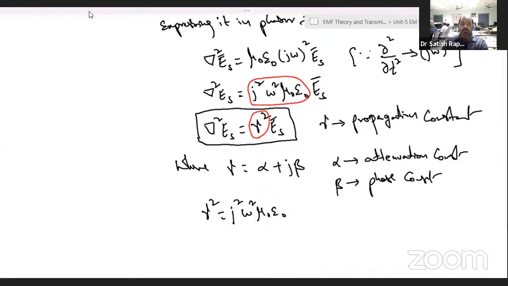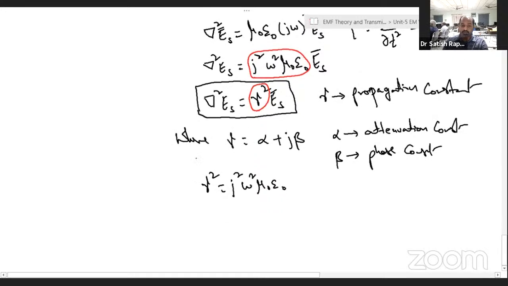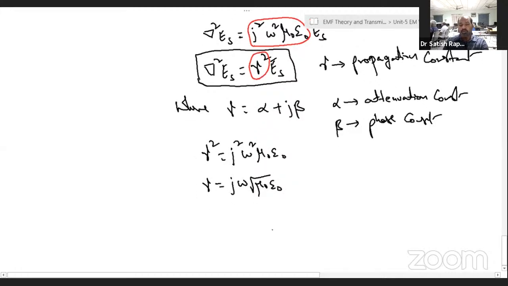So equating these two in comparison, we will get gamma is equal to j omega root mu naught epsilon naught.